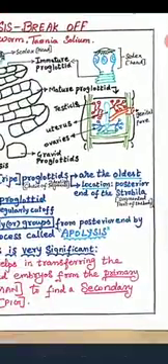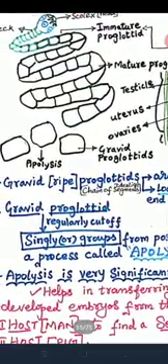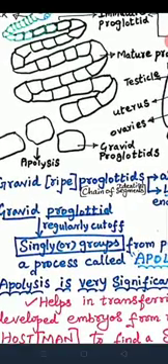Distal proglottids, or gravid proglottids, means ripened proglottids. A ripened or gravid proglottid contains eggs inside the uterus. Gravid means a segment which contains eggs inside the uterus. Simply we can say pregnant.